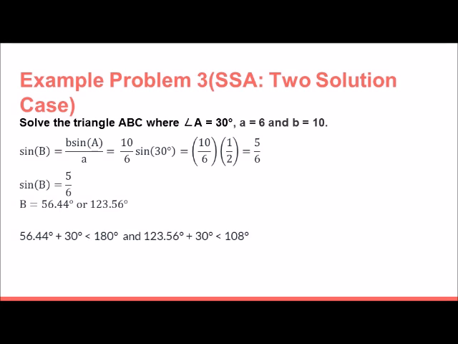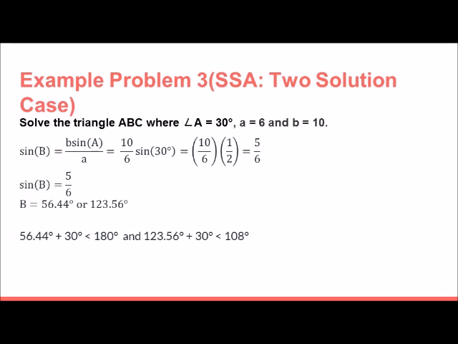Again, we'll start with the law of sines to solve for angle B. With a little arithmetic and help from our trig functions, we determine that the sine of B equals 5/6 and B equals 56.44 degrees or 123.56 degrees.